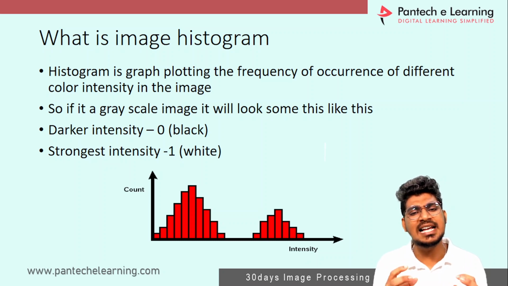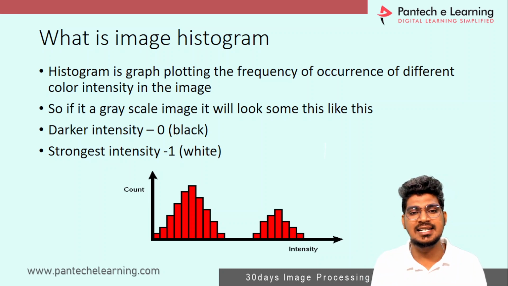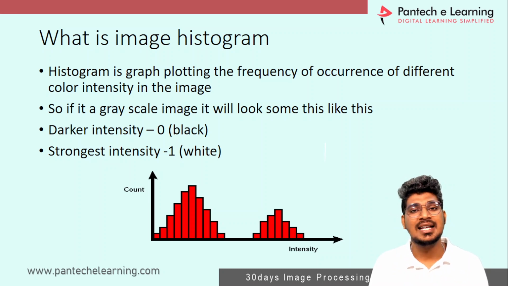If it is a grayscale image, it will be something like this. The darkest intensity will be 0, and the strongest intensity will be white. That is called an image histogram.